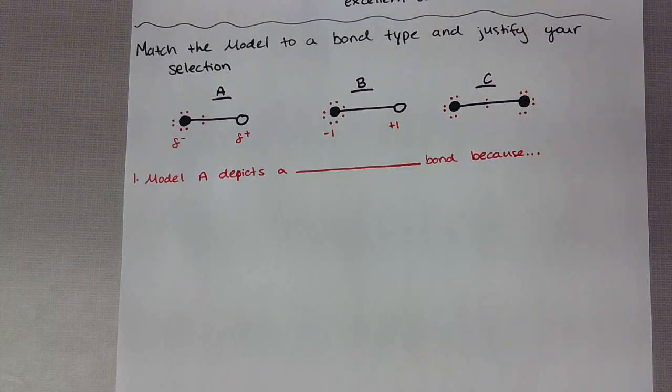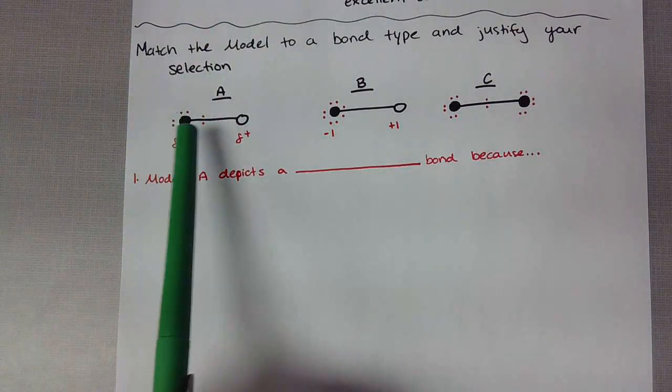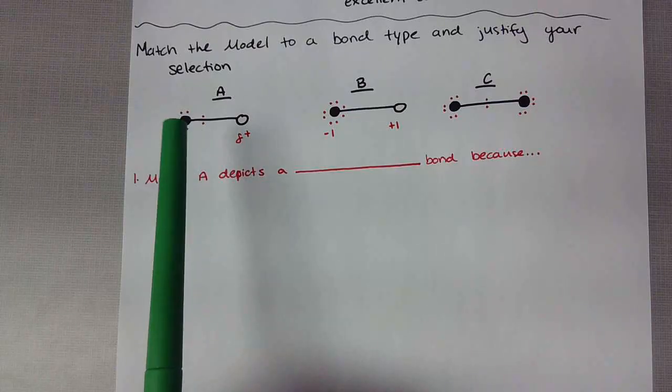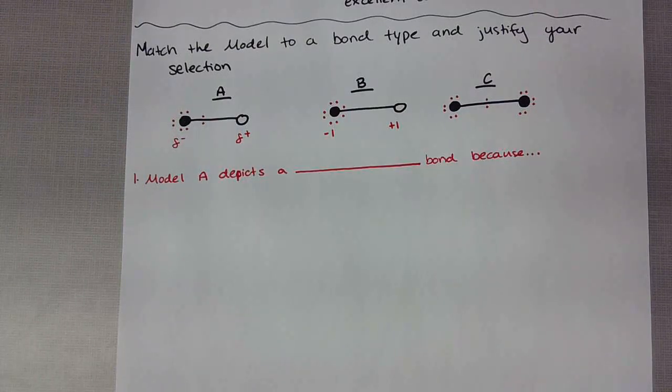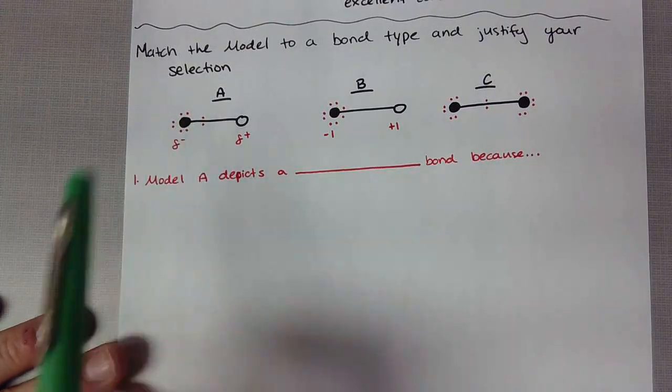And now I'm going to analyze it further. So what am I looking at? Well, I'm looking at a bond where the electrons are closer to one side than the other. So that means I am looking at some level of sharing. When the electrons are on the bond, not on a specific atom, that indicates sharing. So these 2 electrons are on the bond.